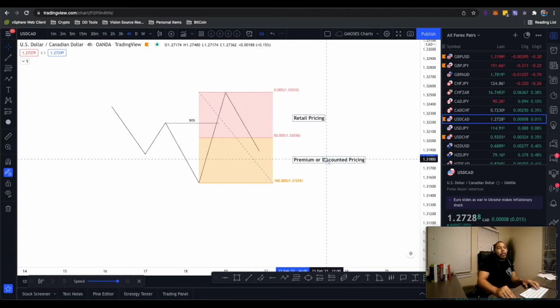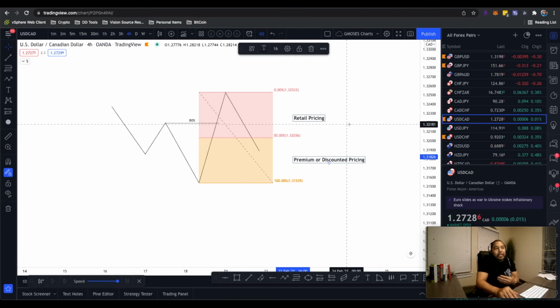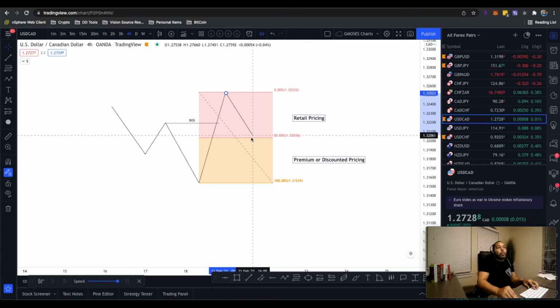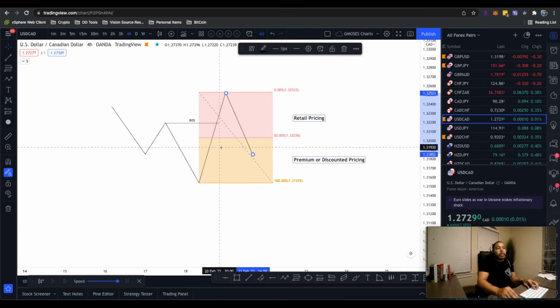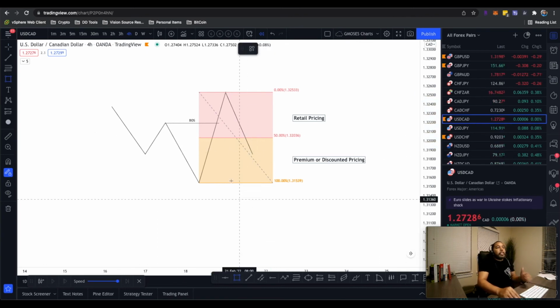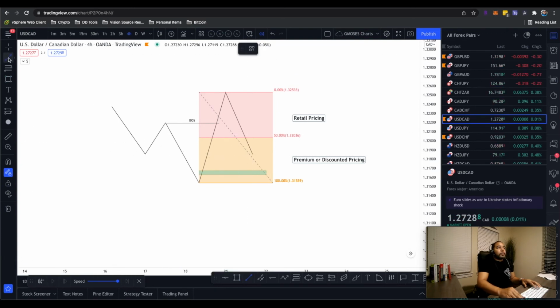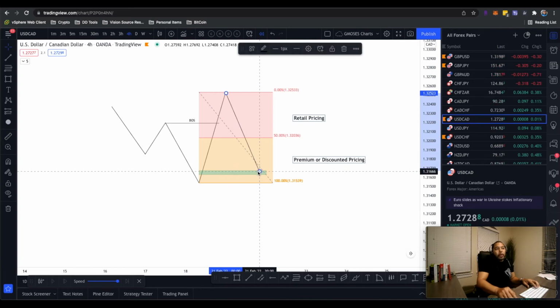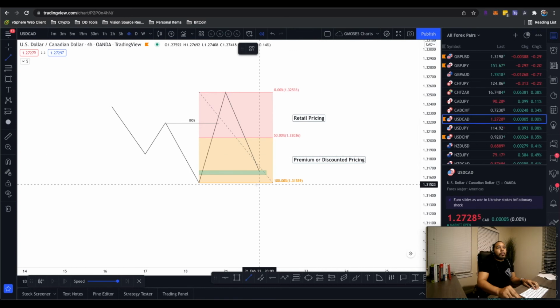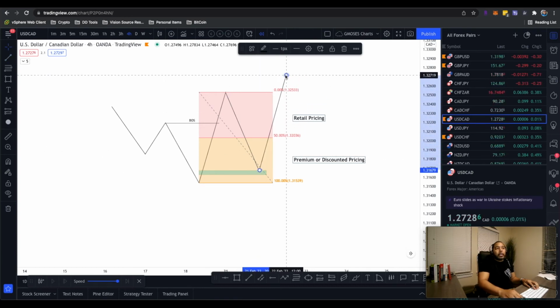Now, why do they classify this as premium or discounted pricing? We'll get to that. So now, when price is retracing here, most smart money traders are looking for some supply or demand zone down in this area or some order block for price to tap, push off this particular order block or demand zone, and then they're looking for price to shoot back to the upside.